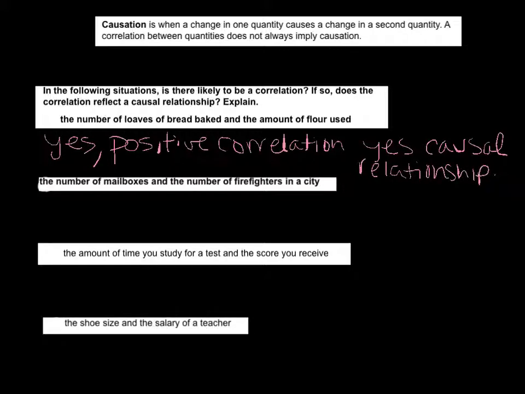Okay. All right, the number of mailboxes and the number of firefighters in a city. Okay, this is most likely going to be a positive correlation, because as the number of people in the city increase, the number of mailboxes also go up, because you have to put more mailboxes for your population.